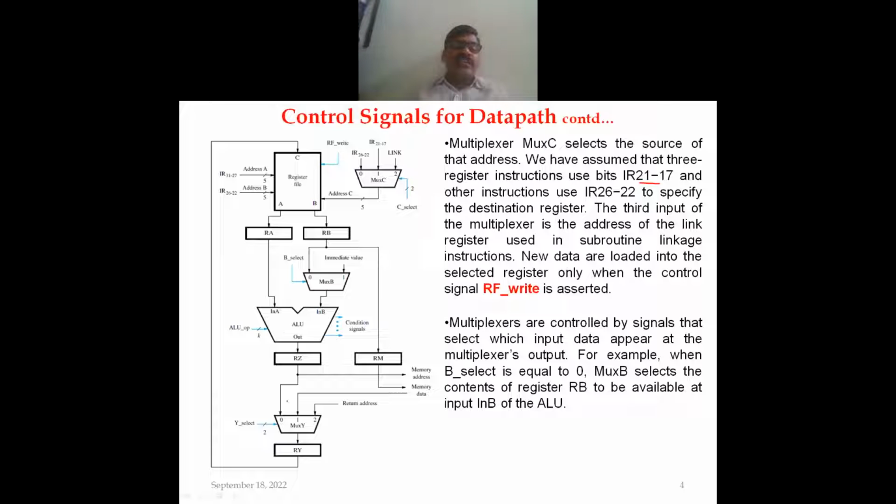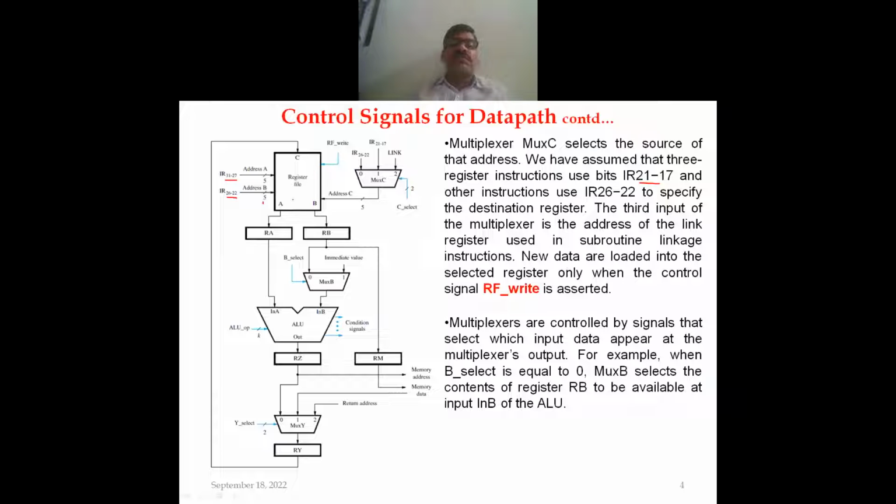This is the data path diagram you have seen. Register A, a 5-bit value, uses IR bits 27 to 31. Address B uses bits 22 to 26. So 5 bits are used for selecting address A and B.